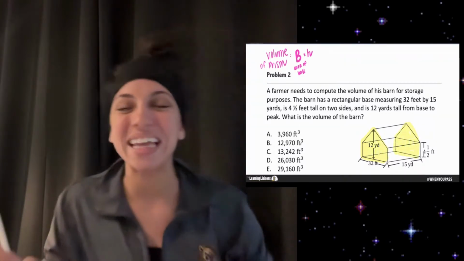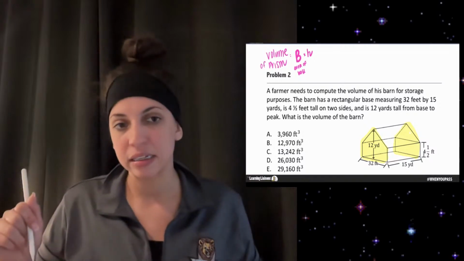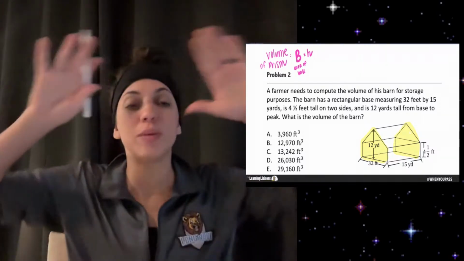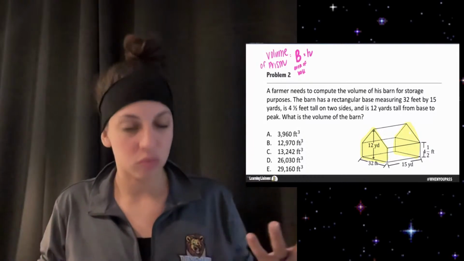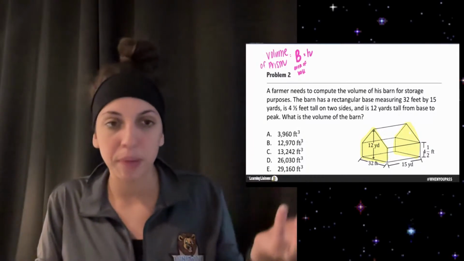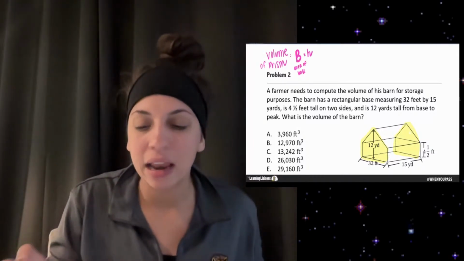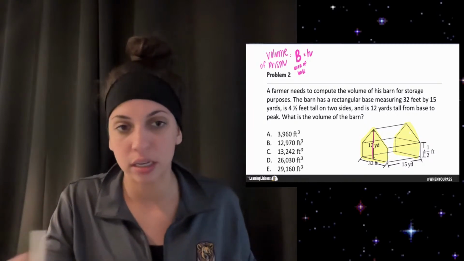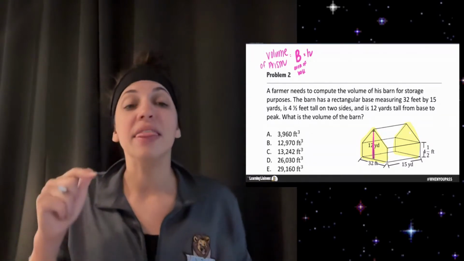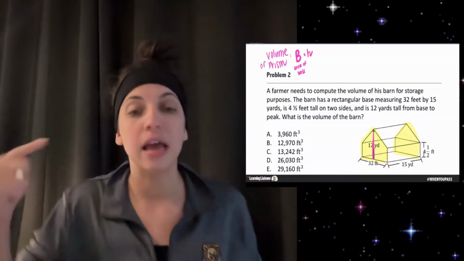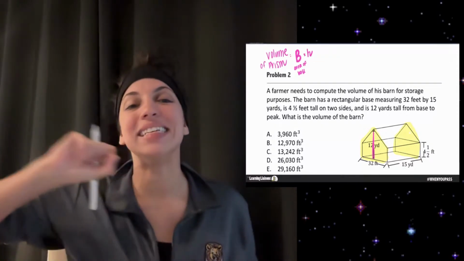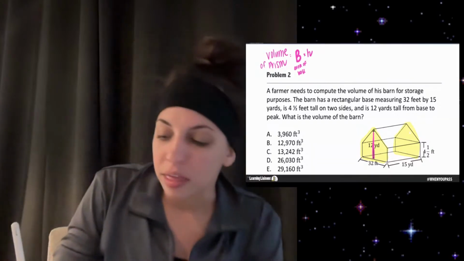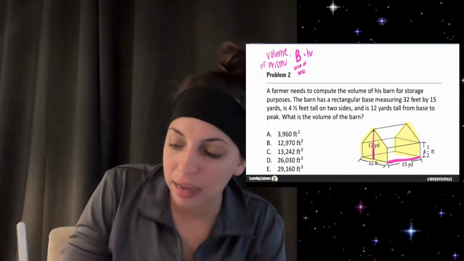Those are the bases of this prism. This is a pentagonal prism, which means we have 5 sides to our base, a pentagon, and the height of this prism is not 12 yards. Yes, that is how tall the barn is, but the height of this prism is the distance that's connecting my two bases together. This is going to be the height of my prism.